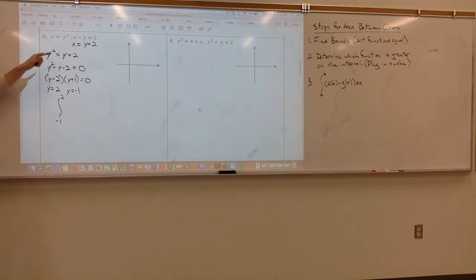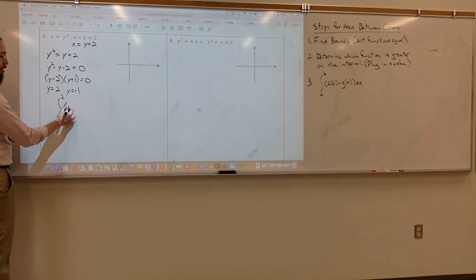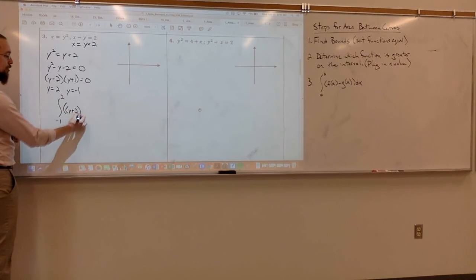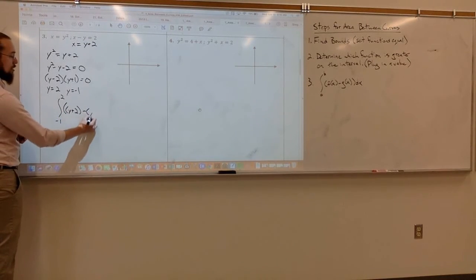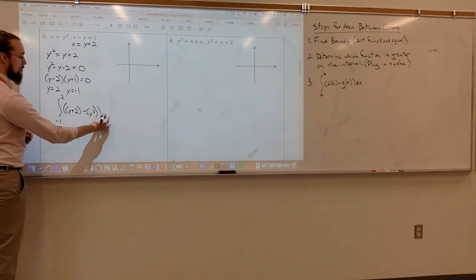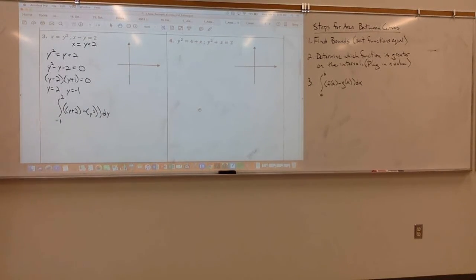If I plug 0 in for y, I would get x equals 0, and then I would get x equals 2 here. So x equals y plus 2 is greater on this interval. That would be my first function. So I'm going to say y plus 2 minus y squared dy.